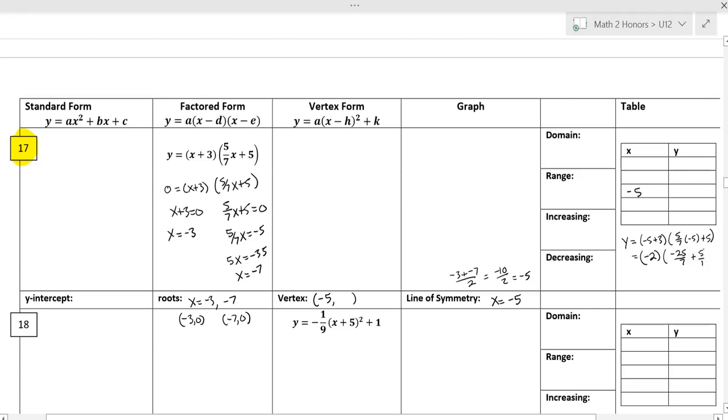Need a common denominator to add that. And so when I multiply top and bottom by 7, now I'm getting -2 times, well, 35 minus 25 is 10 over 7. And -2 times 10 over 7 is going to give me -20 over 7 for my vertex.